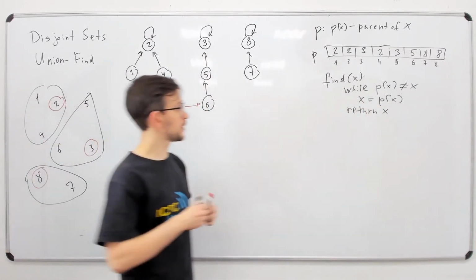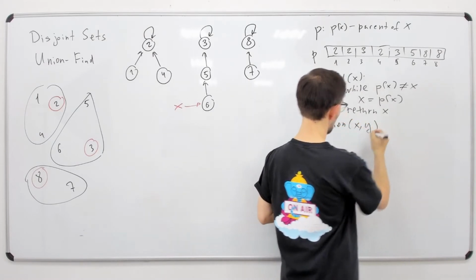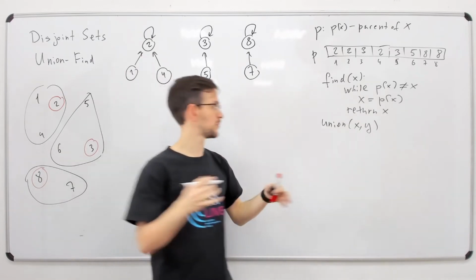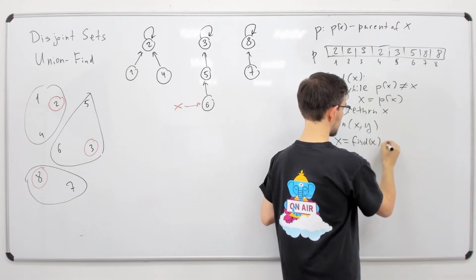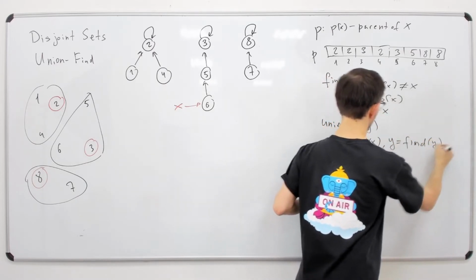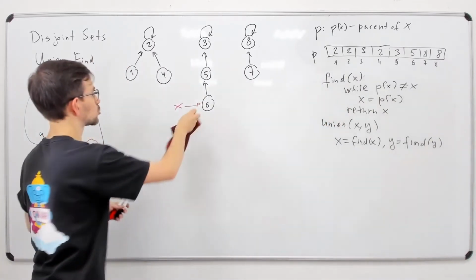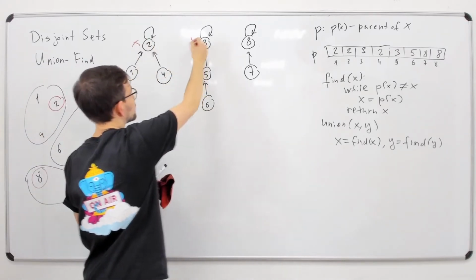Cool. How to make union? Well, first, again, let's move to the representative of both elements. So x equals find of x and y equals find of y. Now we move to two root elements. So we have x here and y here.